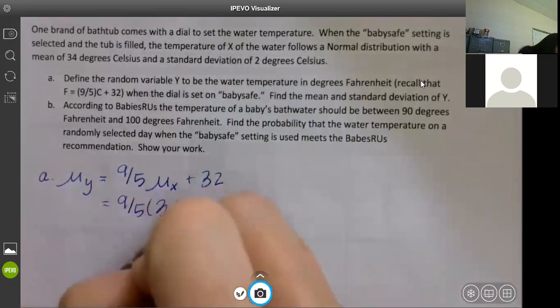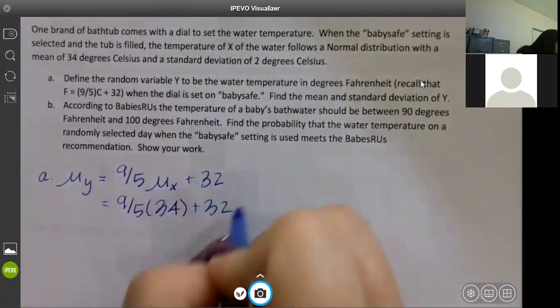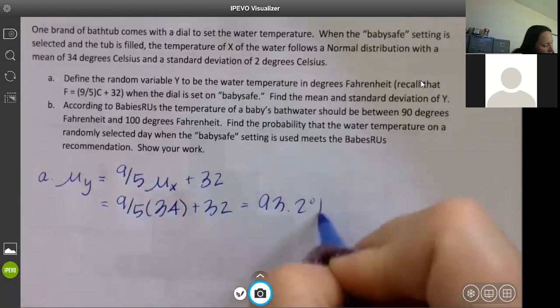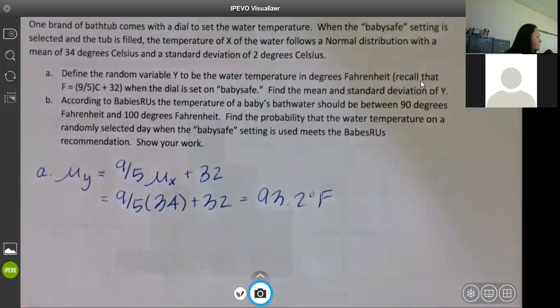So 9/5 times 34 plus 32 gives you 93.2 degrees Fahrenheit. All right, so that's the mean.